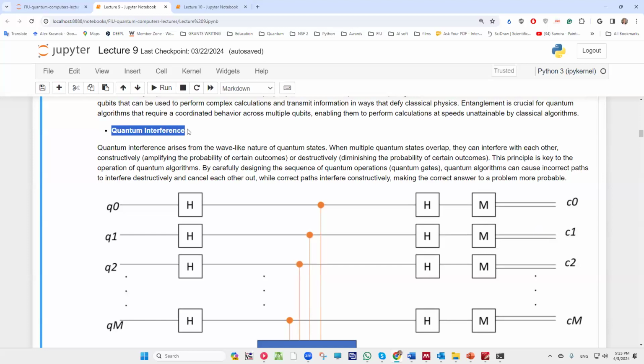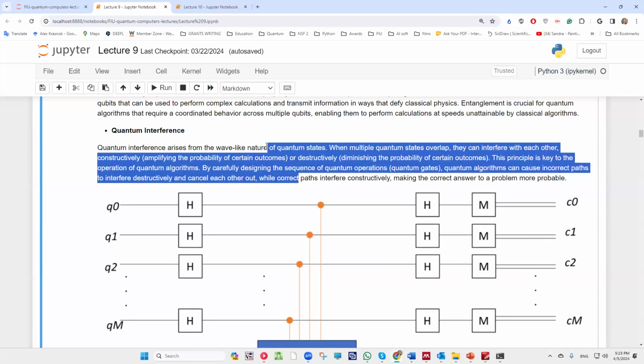And basically the purpose of an algorithm is to tailor the quantum interference in a way to get the desired or correct answer.